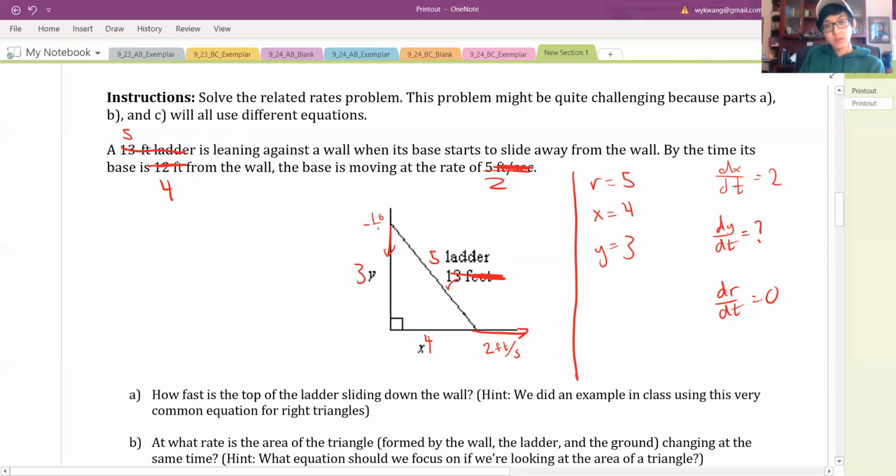So I'm going to write that dy over dt is equal to negative 16 over 6. Cool, we have everything figured out now. We have x, y, and r, and dx over dt, dy over dt, and dr over dt.